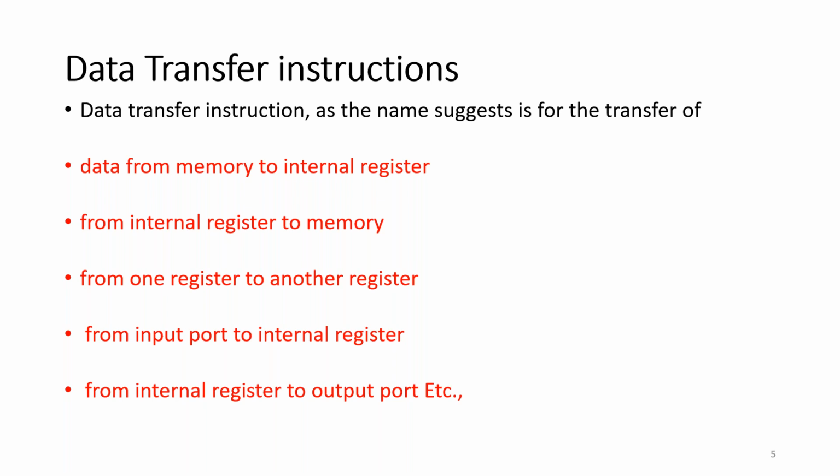Once you move the data from one block to another, the present data will not be erased. Only a copy of the data moves from one register to another register.